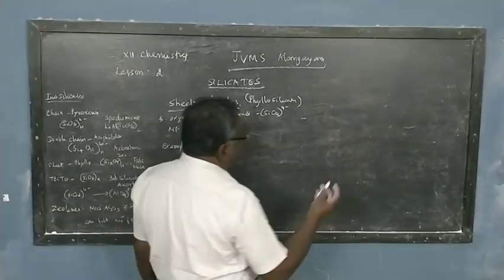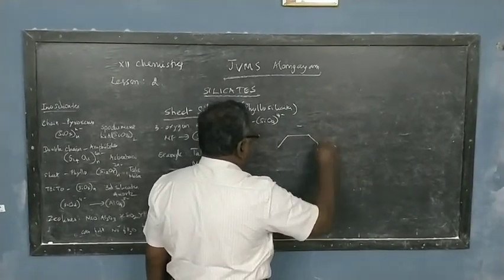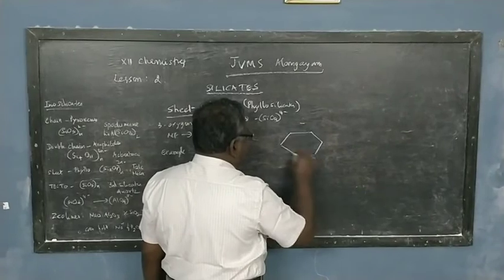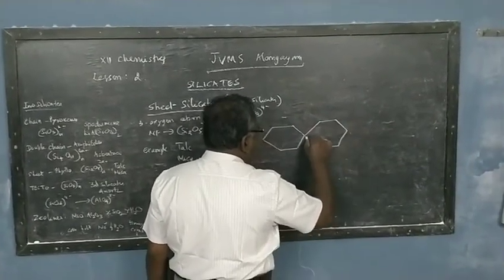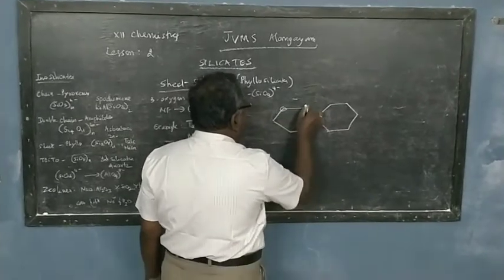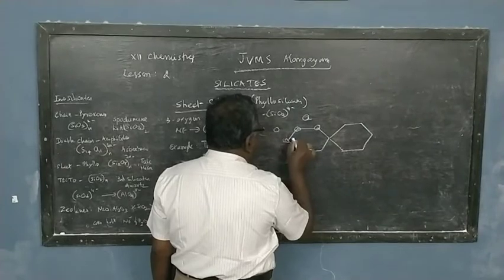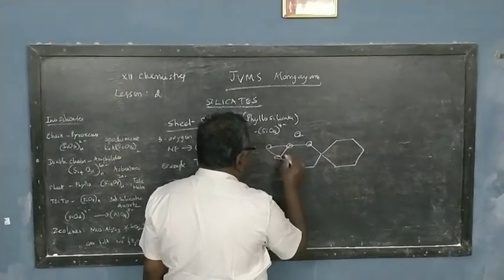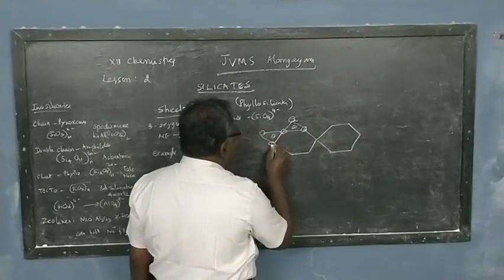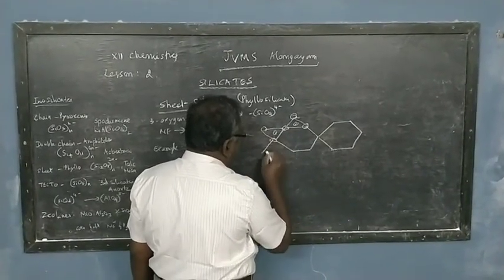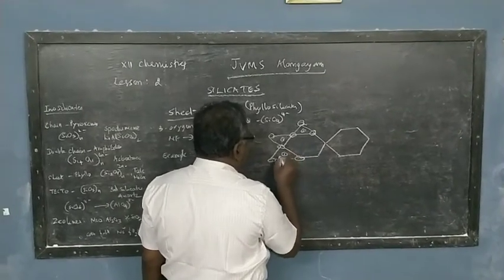So here again, we have almost the same type of hexagonal shape, right? So this is 1, this is 2, and it goes like this. You have to put 3 oxygens and 1 oxygen in the middle, and this continues. The same structure we are drawing.